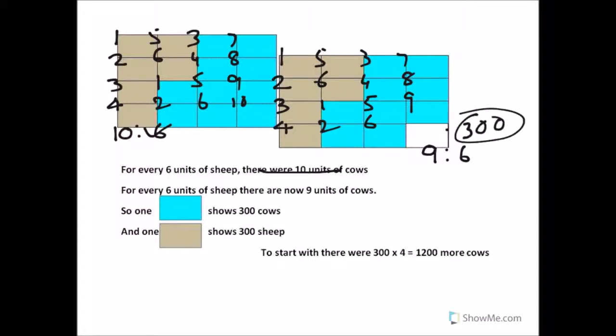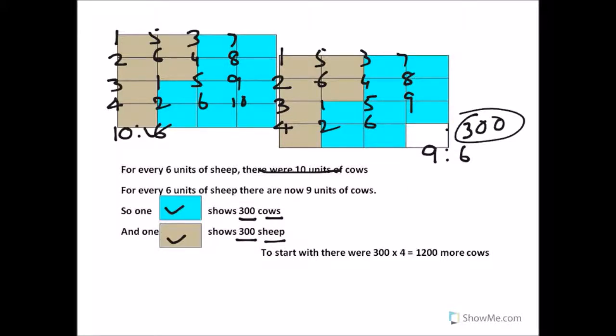So each unit shows 300. The blue one shows 300 cows and the grey one shows 300 sheep, because the number has to be equal. Only then you can find out what is the ratio. These show 300 cows and this one shows 300 sheep.